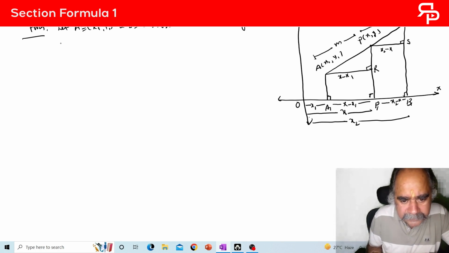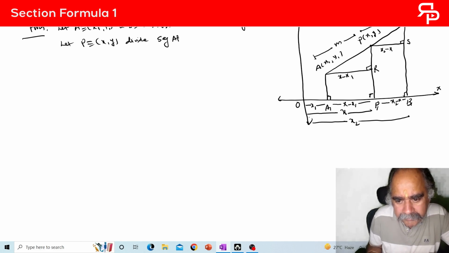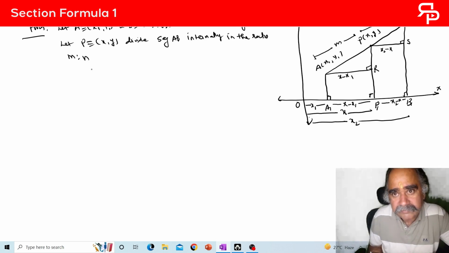Let P x y divide segment AB internally in the ratio m is to n.